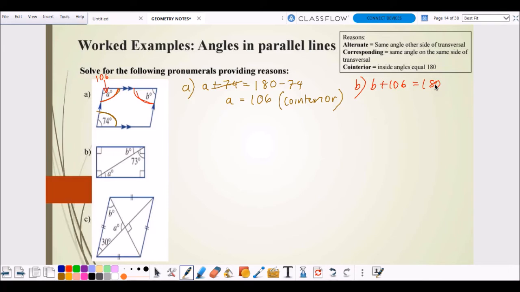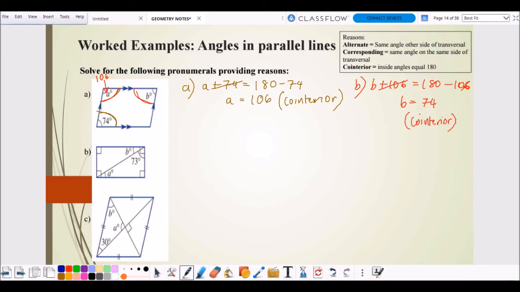Working that out, that's a plus, so it becomes minus here. So therefore B is equal to 74. And I know that that's co-interior as well, so in brackets, co-interior. Make sure you put your reasons down, or else you only get half a mark.